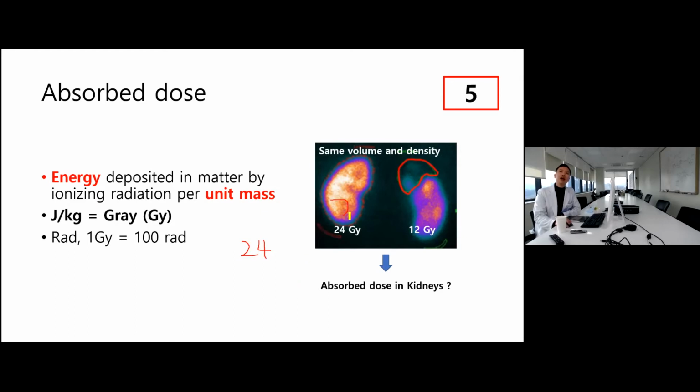Then if you add up, it is 36 joule for 2 kilograms. Then it is 18 joule per kilogram. So the absorbed dose in the kidney should actually be 18 gray.